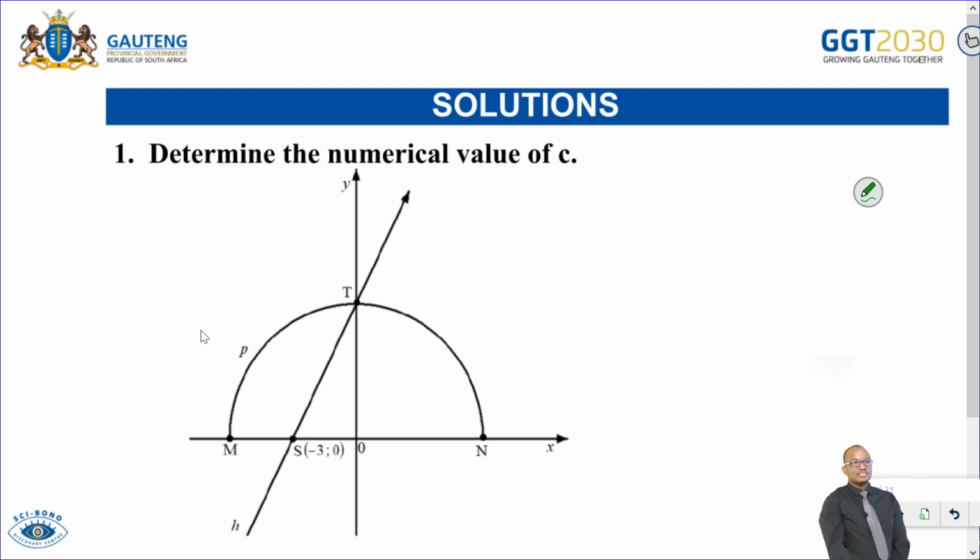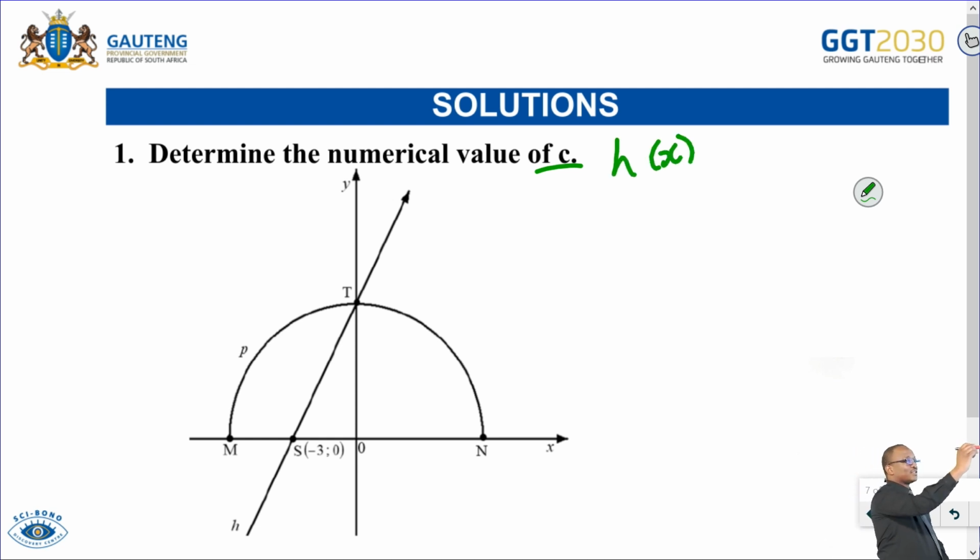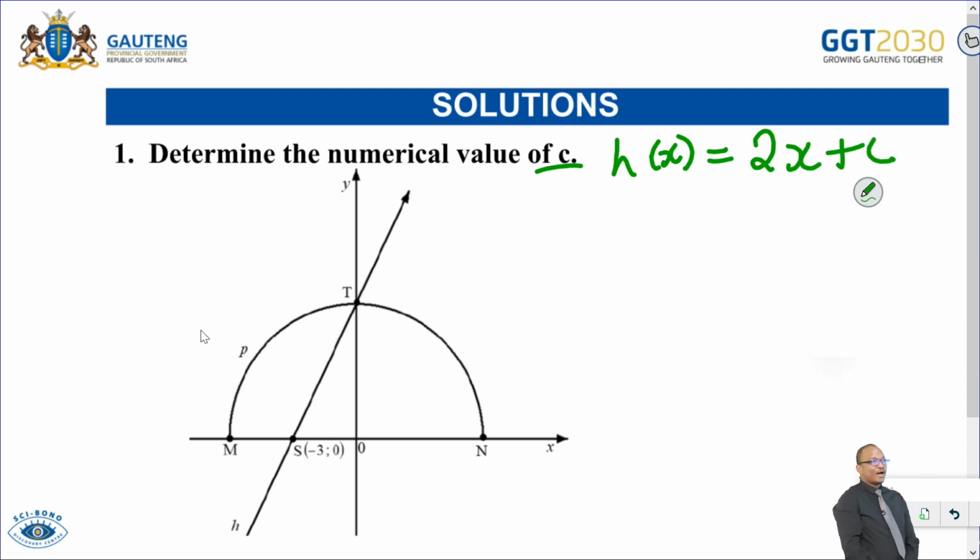So the question says determine the numerical value of C, correct? And we know from our statement that C was in the graph of a straight line, which is given by 2x plus C. So now, how am I going to determine the value of C?